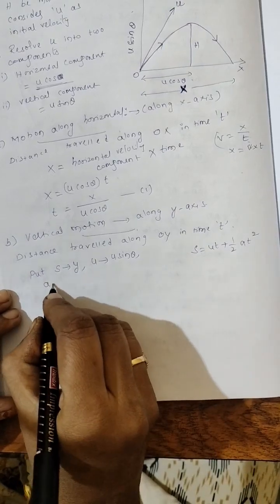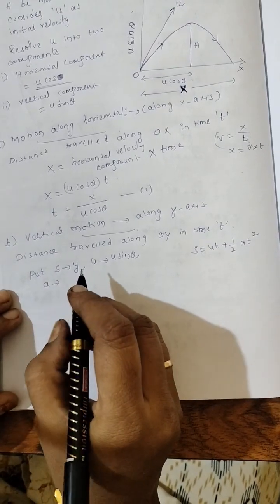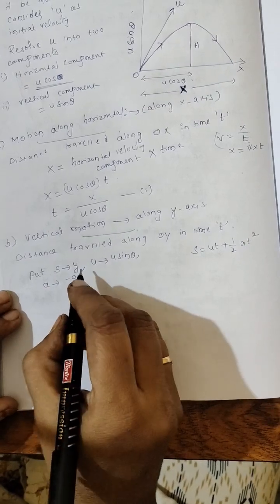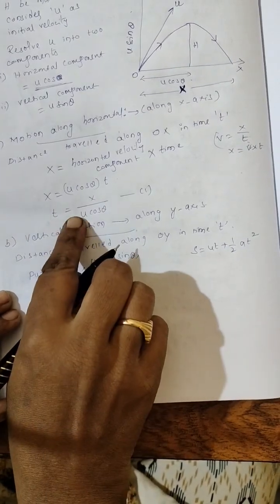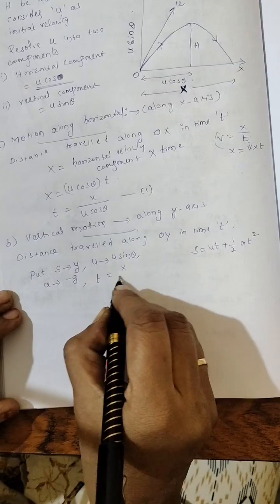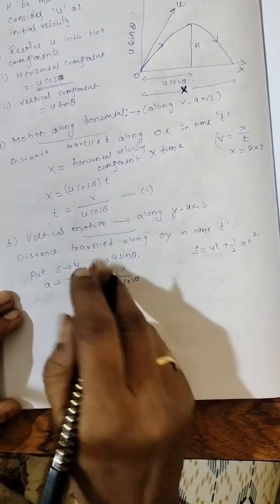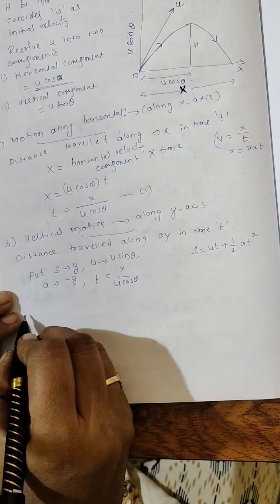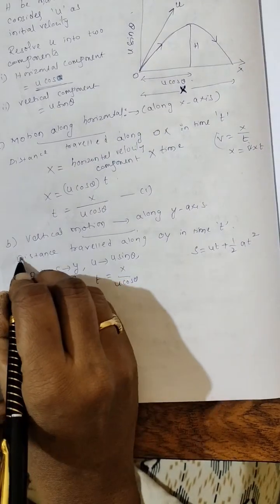In place of a, I projected in the upward direction, so it becomes minus g. Now in place of t, we found x by u cos theta. I'm substituting all this here.